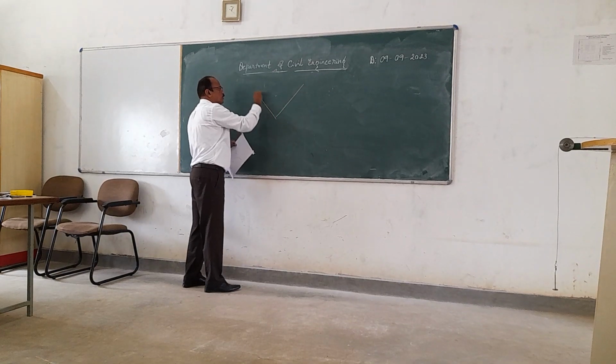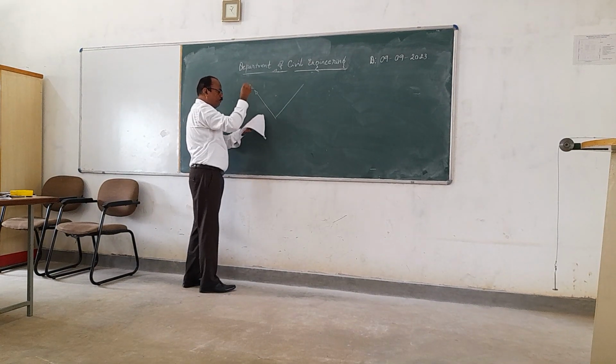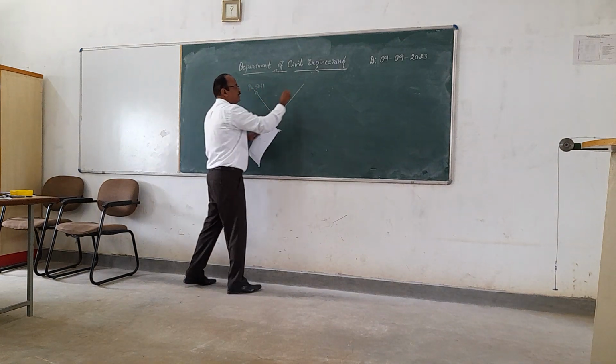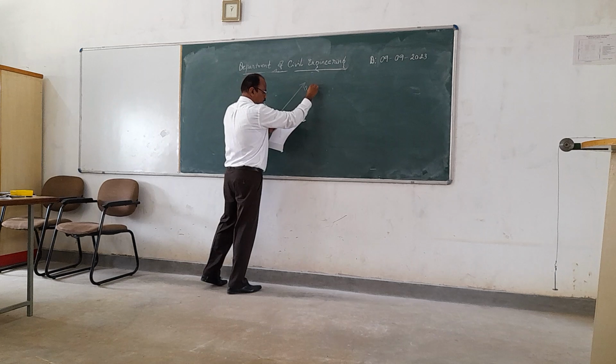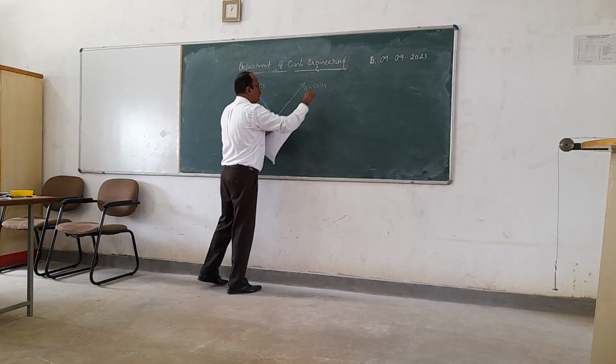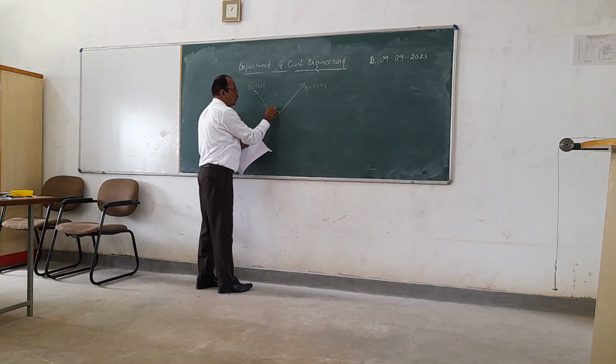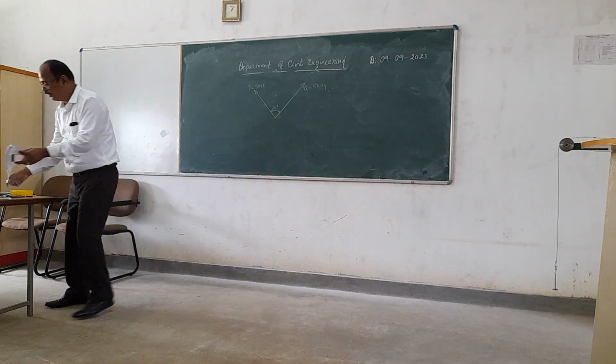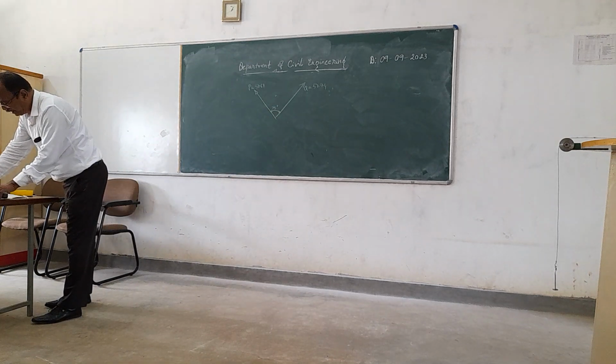These are the two forces. P is found to be equal to 50.61, and this Q is found to be equal to 50.74. The angle between the two forces is 75 degrees.